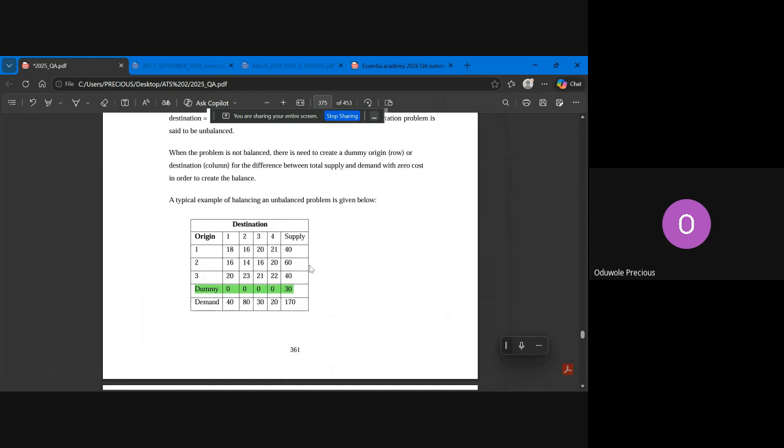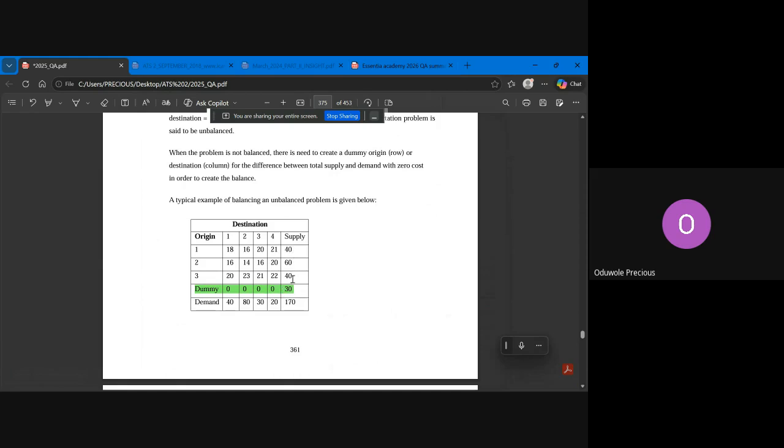So this is 140, this is 170. So it means that this side needs 30, a balance of 30. So that's why they use a dummy. In your dummy, all these are your costs, so in the dummy, all these will be 0, 0, 0, 0, right? Then you have the 30 balance.